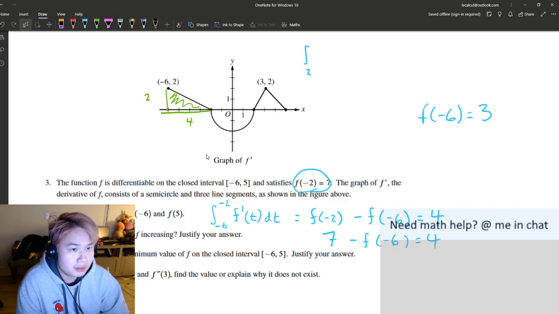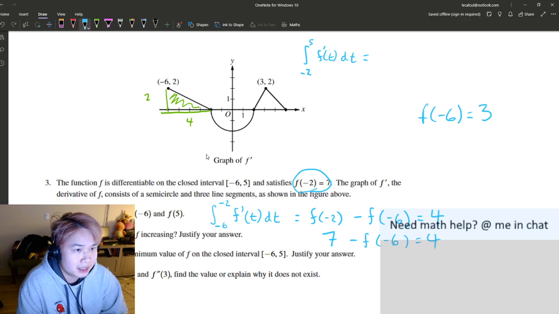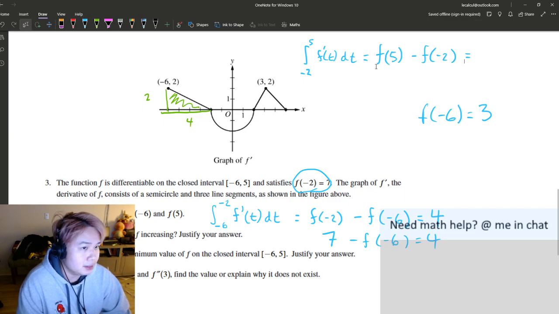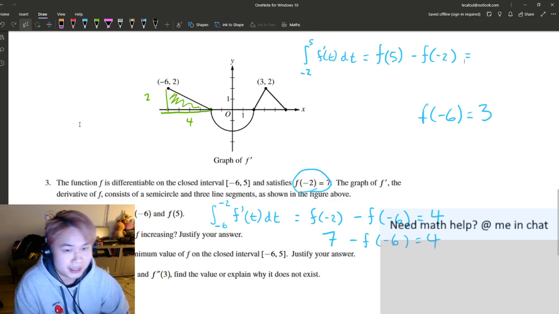So from -2 to 5, we set up one side of the equation by the fundamental theorem. And then we set this equal to the geometric interpretation.